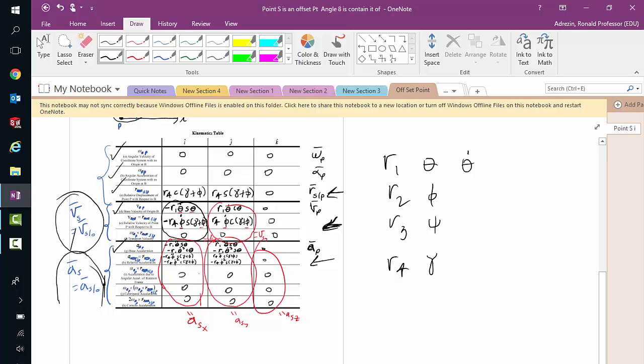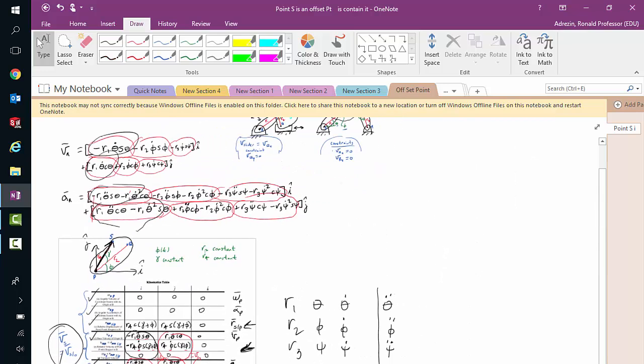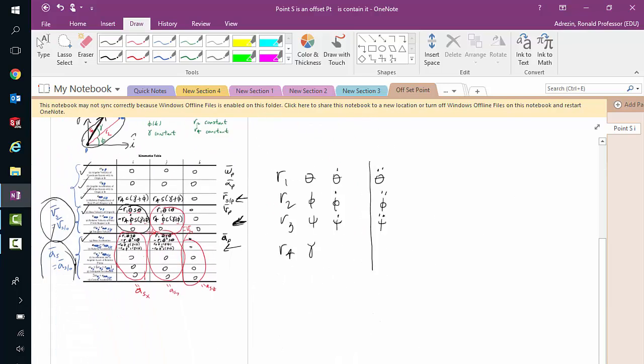We have a theta dot, we have a phi dot, we have a psi dot. Gamma is constant, so it stops there. If I'm looking at the acceleration terms as well, I have a theta double dot, a phi double dot, and a psi double dot. So what am I missing for a 4-bar? Let's see. I think I got it all this time.